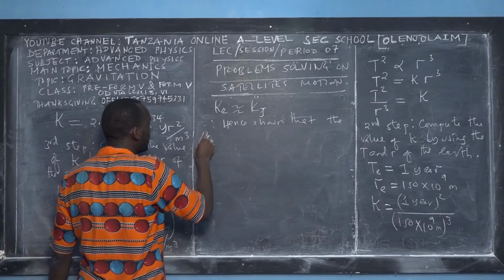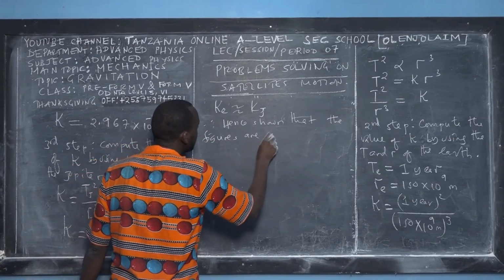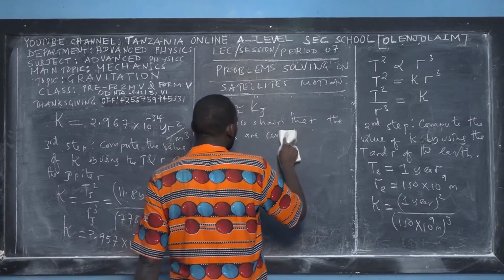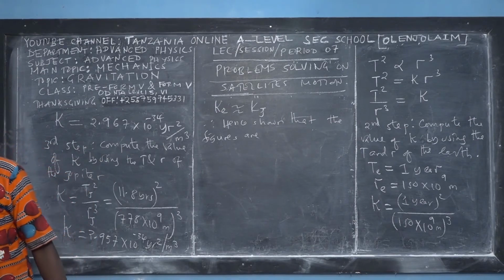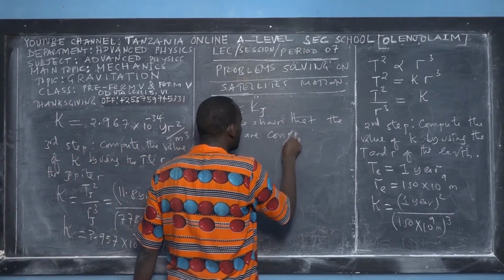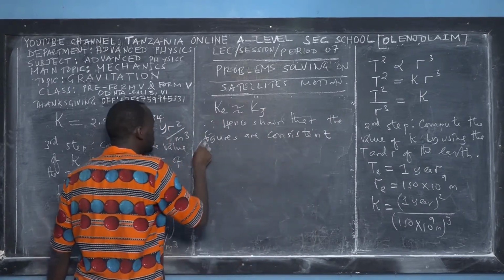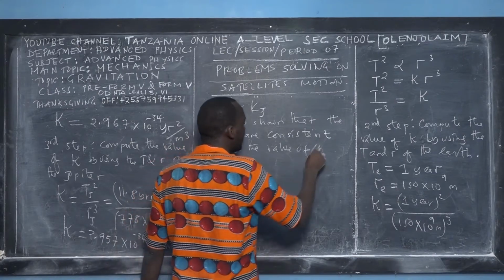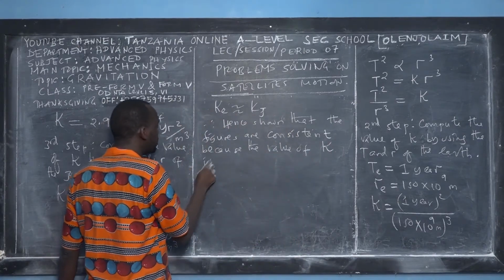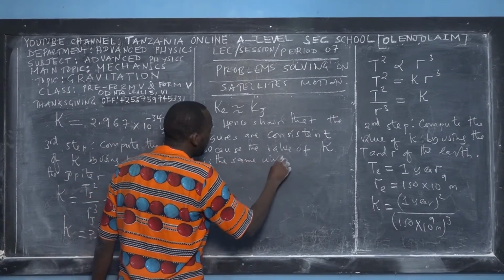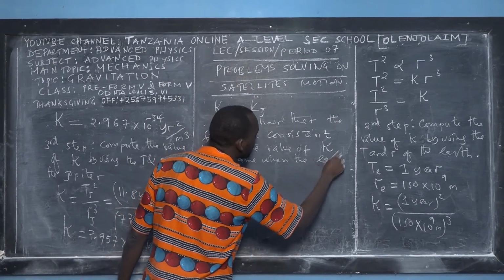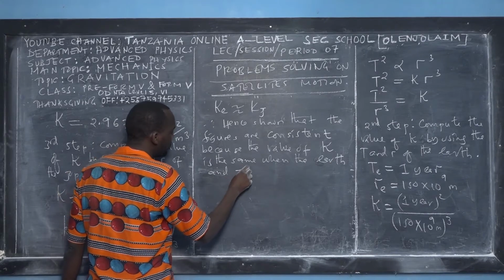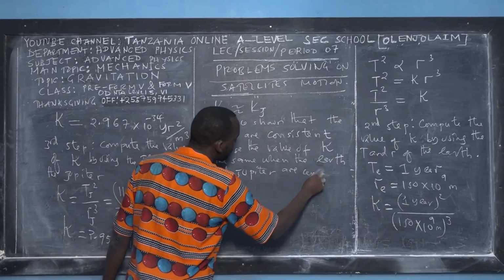Hence shown that the figures are consistent, because the value of K is the same when the Earth and Jupiter are considered.